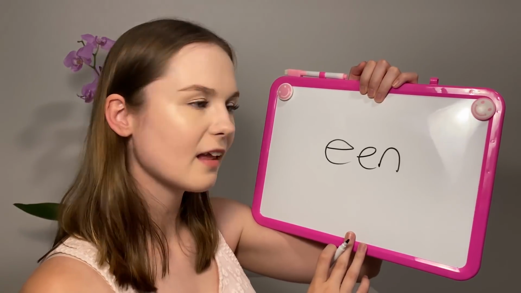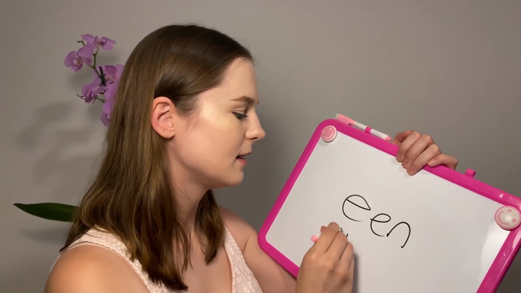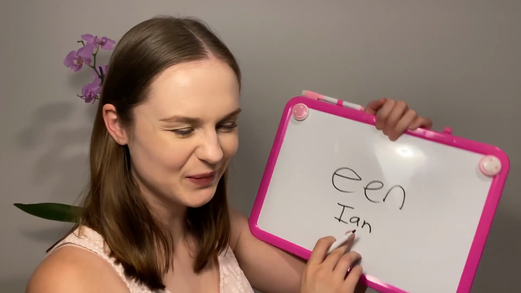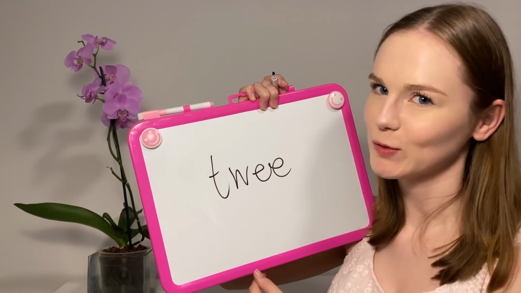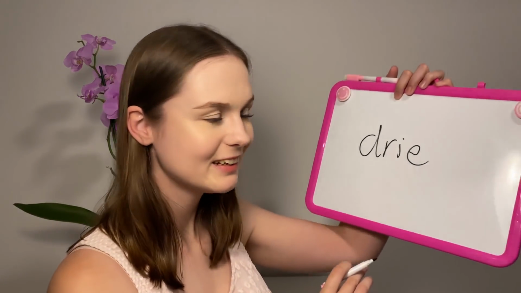So, one is een, kind of like Ian, the name. And then 2 is twee. It's a cool thing to say. Twee. 3 is drie.